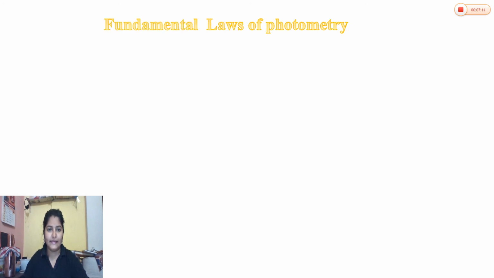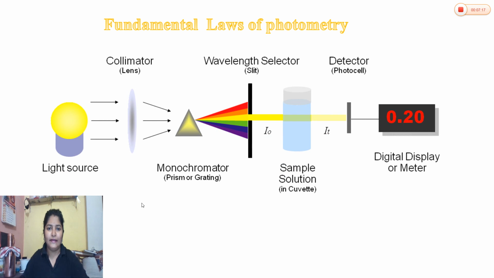Then we can see the fundamental laws of photometry. Here is the apparatus which is used for these laws. First is the source, collimator, then monochromator, wavelength selector, sample solution, then detector, and finally a readout device, that is the digital display or meter.